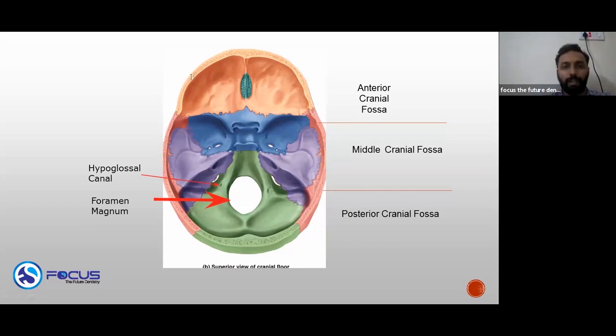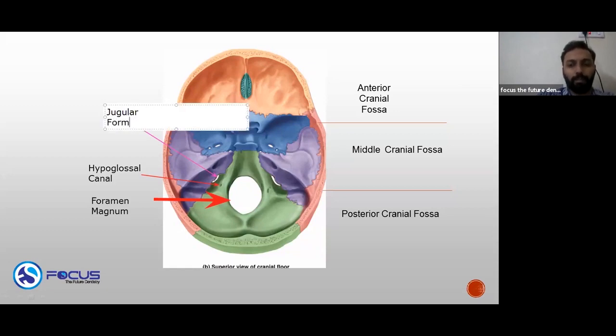Now, finally, I would like you to have a look at this particular structure. That is the jugular foramen. Which structure by name jugular have you come across?